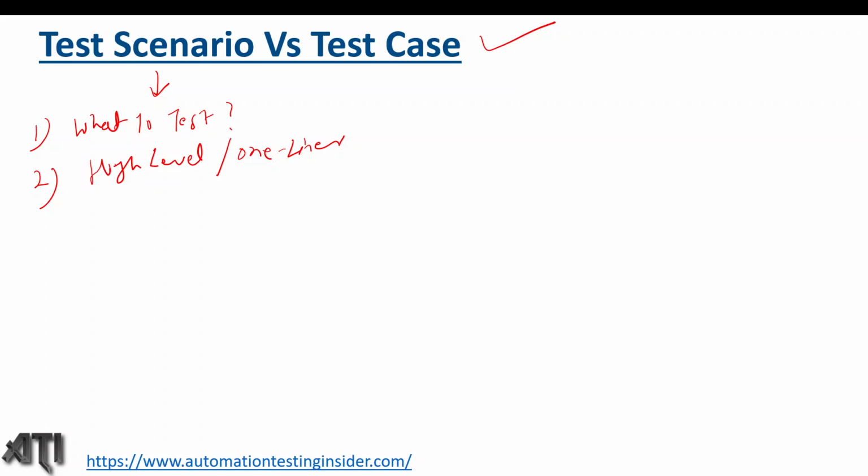It is derived from the business requirement document or functional requirement specification. These are the different characteristics of the test scenario. Let me give some examples of the test scenario.